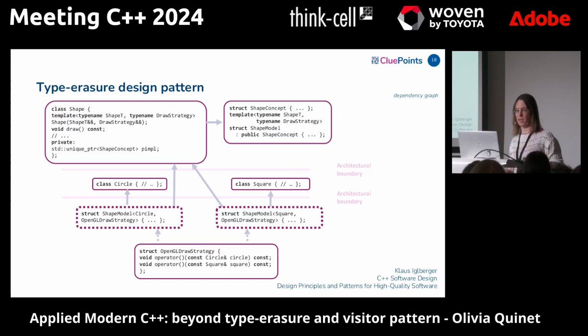In the middle, again, the unrelated classes, circle and square. And it's when you actually generate a shape class for the circle that the compiler creates all the machinery necessary to bind the interface to that specific type, in this case circle and square. And then you have the OpenGL draw strategy that does not depend on shape, only on circle and square.